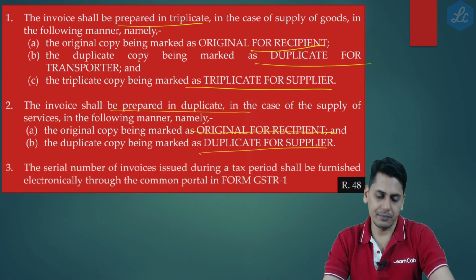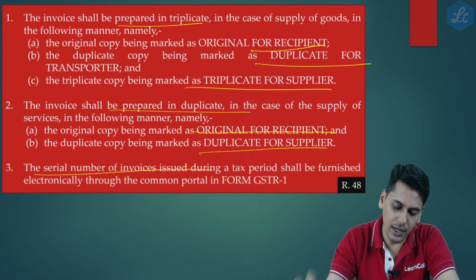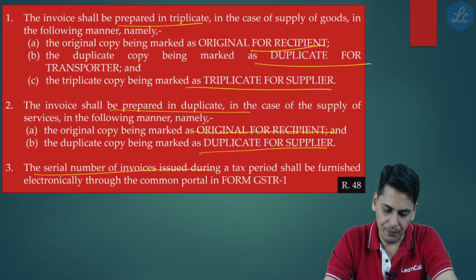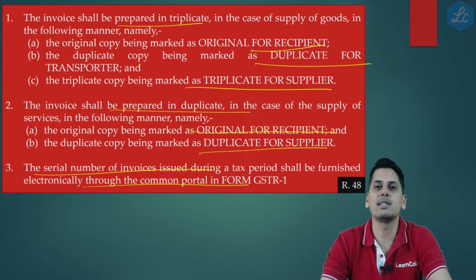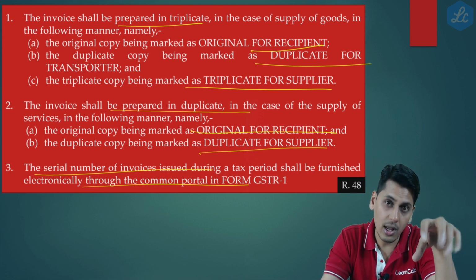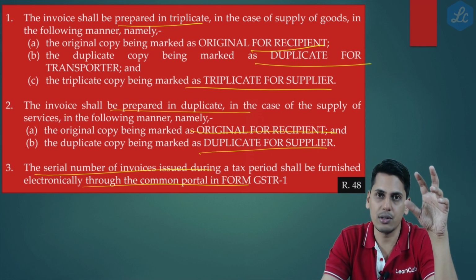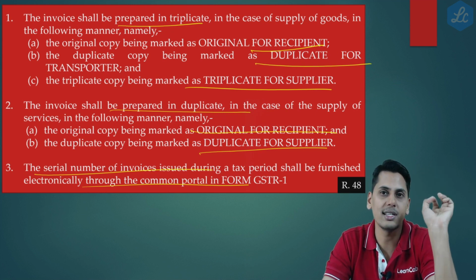48 sub rule 3, the serial number of invoices issued during a tax period shall be furnished electronically through the common portal in form GSTR 1. So, for a particular tax period, whatever serial number of invoices which you have used, you need to furnish it in form GSTR 1. Now friends, comes 48 sub rule 4. Friends, please understand the objective behind we discussing 48 sub rule 4.